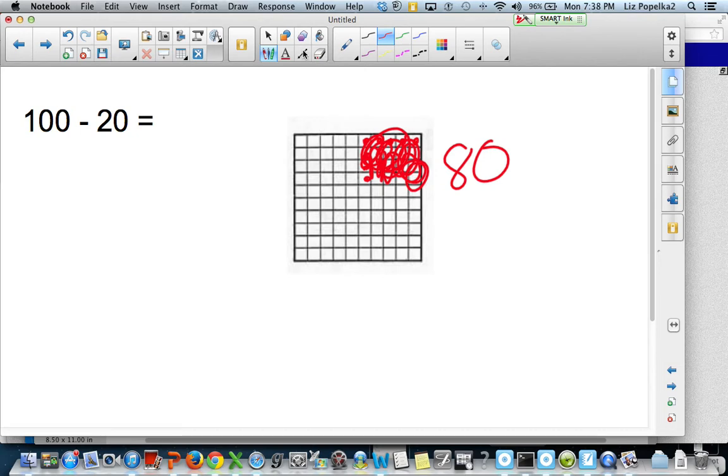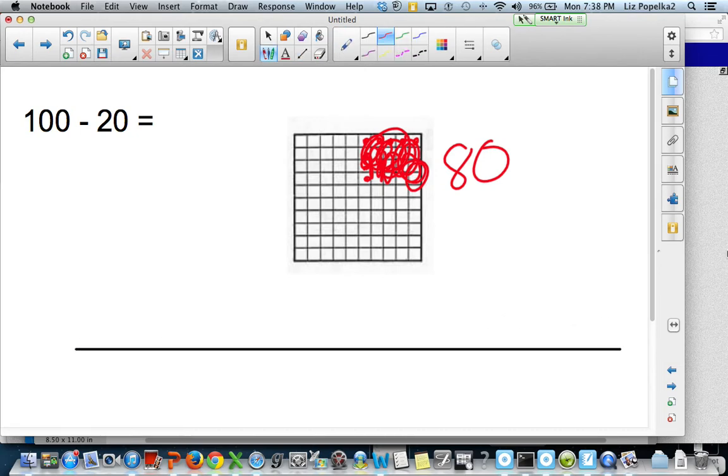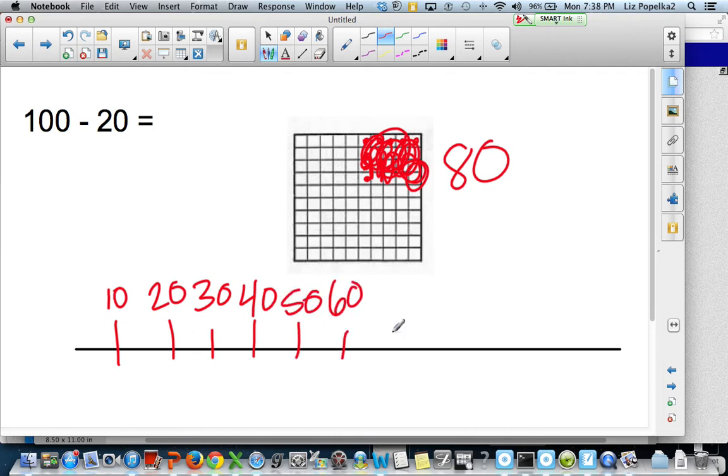And actually, I fibbed. I'm going to do this two ways. So let's say I've got a number line. This is not going to be drawn great, but 10, 20, 30, 40, 50, 60, 70, 80, 90, and finally positive 100 is where I want to start.